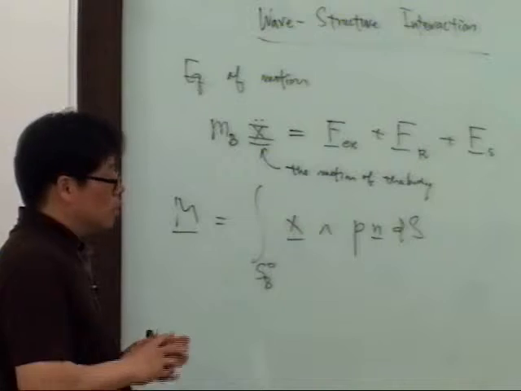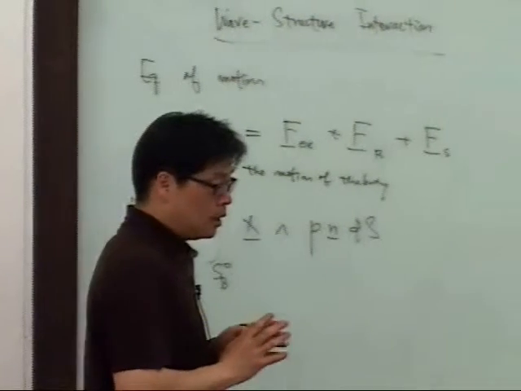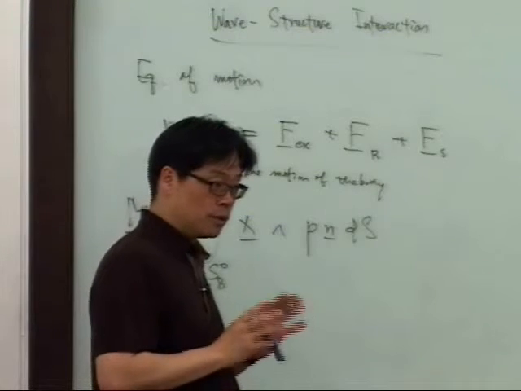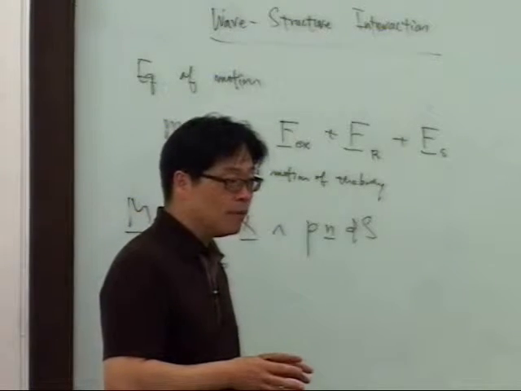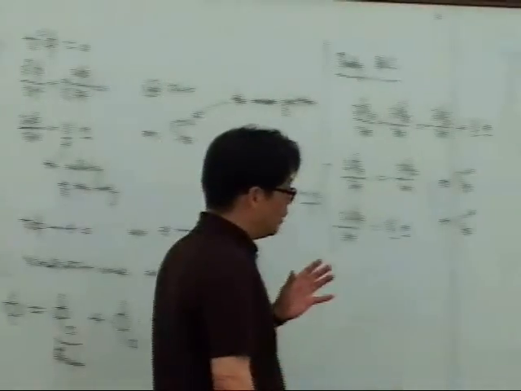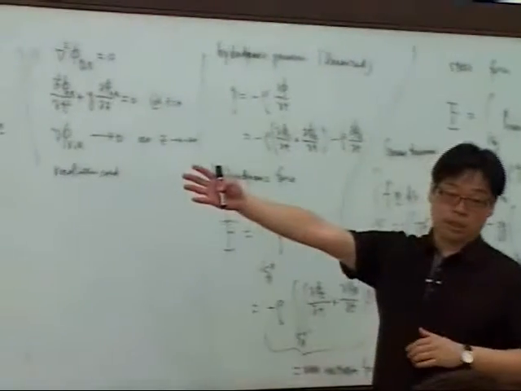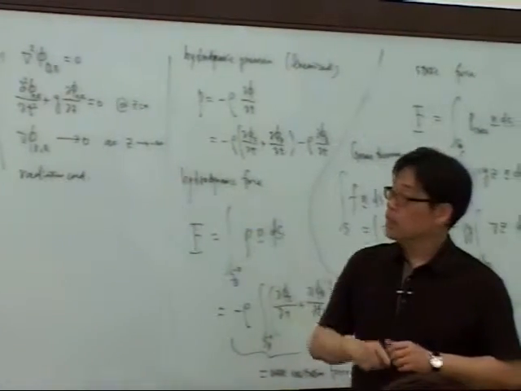Okay. So at this point, you should be clear about the decomposition, what the radiation problem is and what the diffraction problem is. And then the other thing that you have to be clear about is why we are doing that and how we construct the equation of motion, okay?